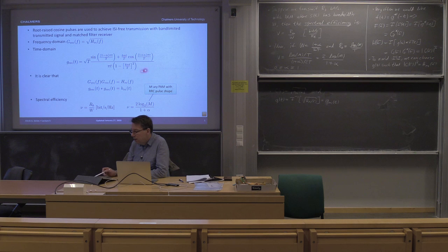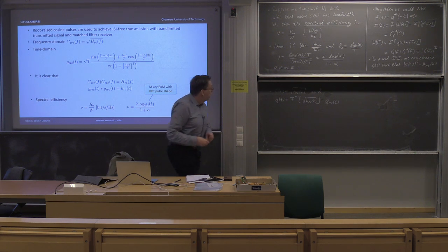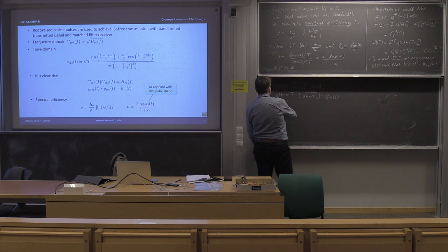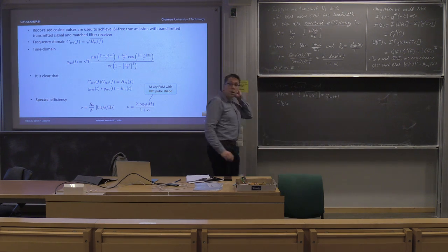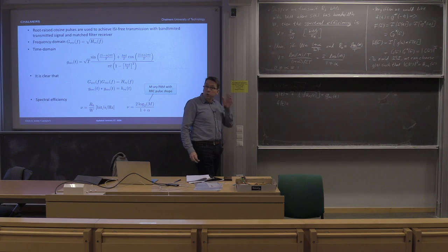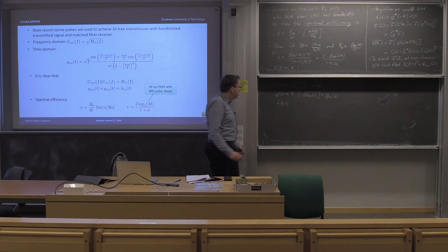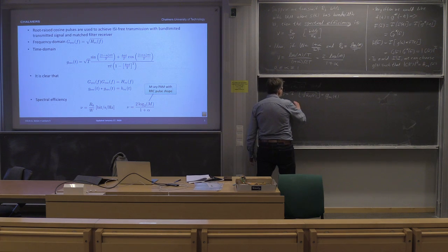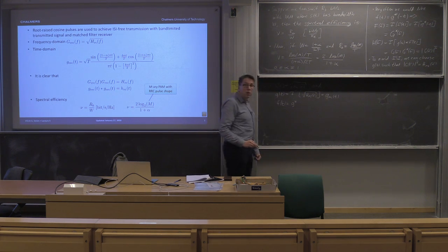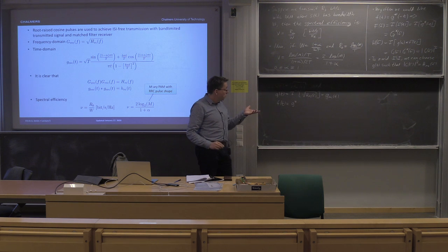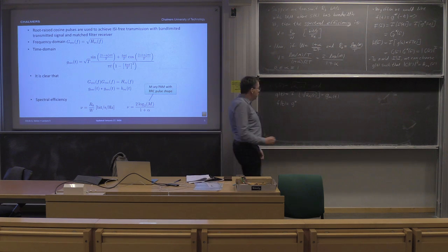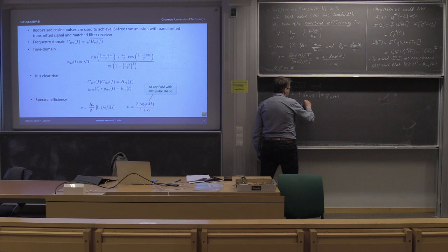Where G is this. So what about F? Well, f of t should be the receiver impulse response. According to our previous design, it should be G star, time reversed.